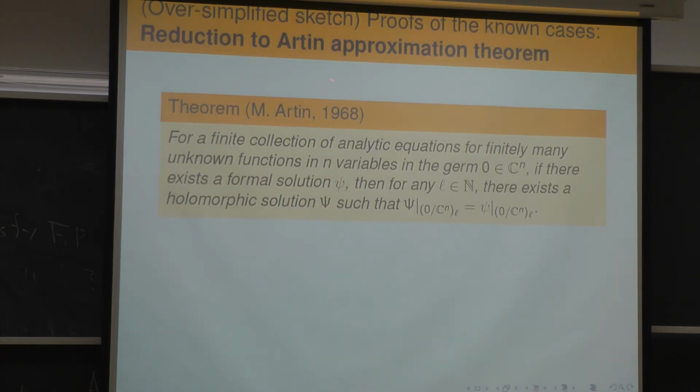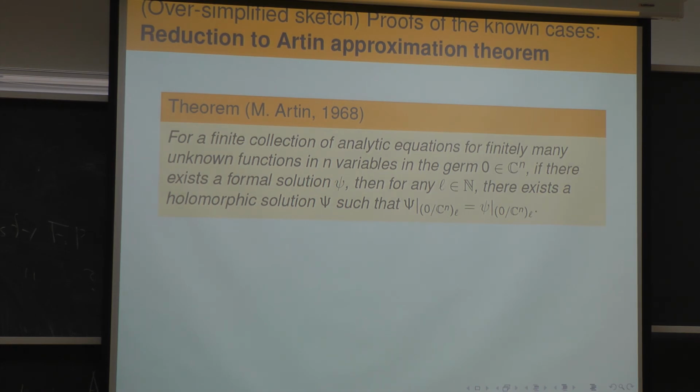The Artin approximation theorem is the following: if you are given any finite collection of analytic equations for finitely many unknown functions in, say, n variables in a neighborhood of the origin, and there's a formal solution of these analytic equations, then to any given order, you can find a convergent solution which approximates the given formal solution. So this is a very general approximation theorem. Essentially, any analytic equation, if it has a formal solution, has a holomorphic solution locally.